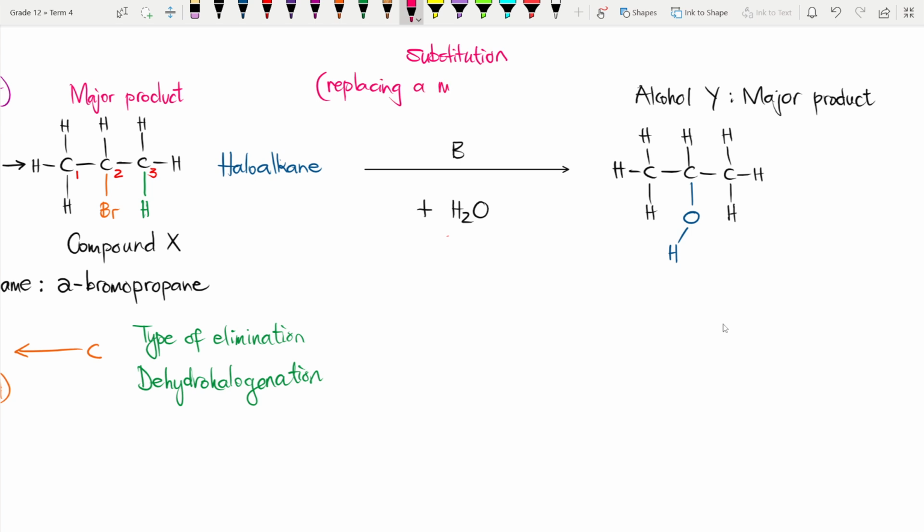We are replacing something with something else. So this one will take alkane to alkane, or single bonds. It's gonna be all single bonds. Every time we see that it's all single bonds, we know it's substitution. Okay, what kind of substitution is it when we are adding water? Any idea?